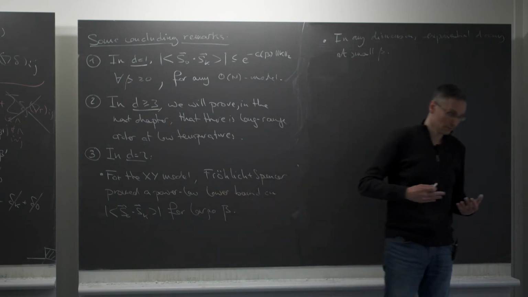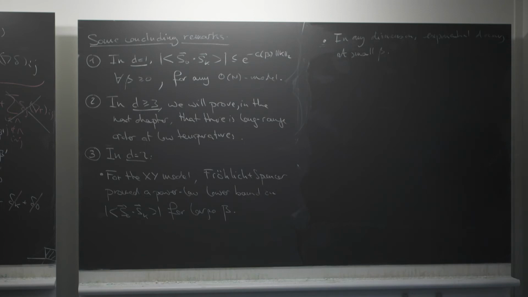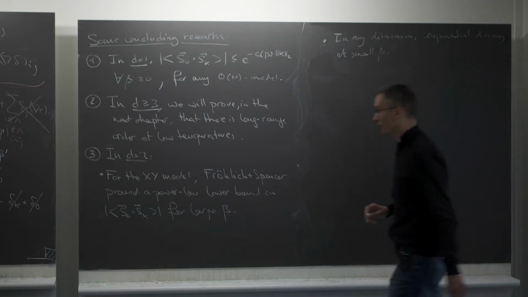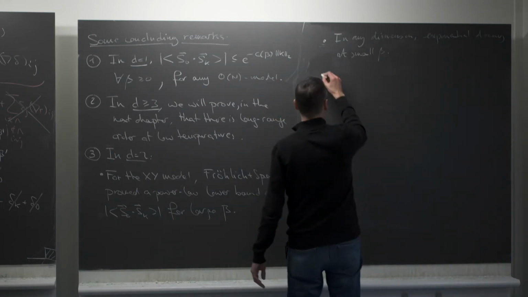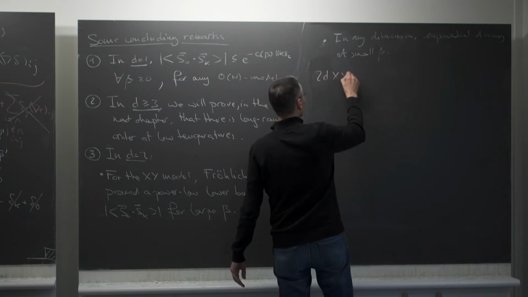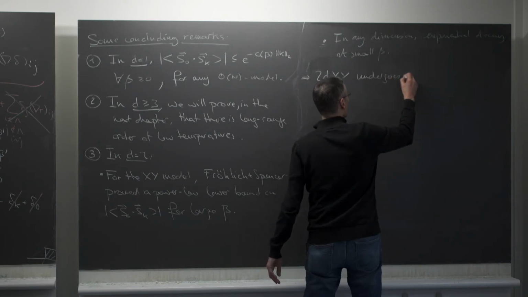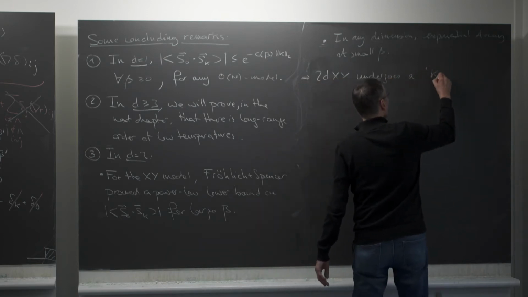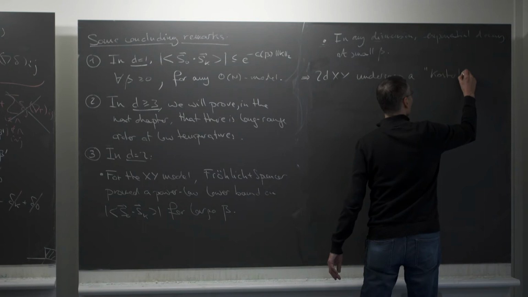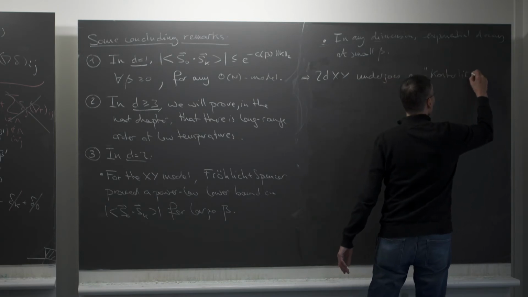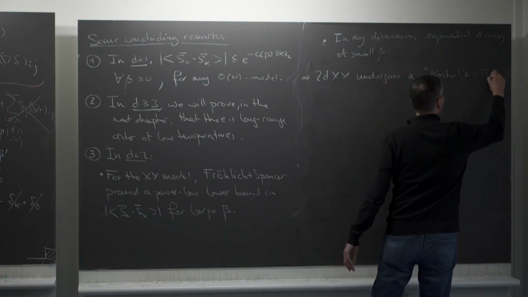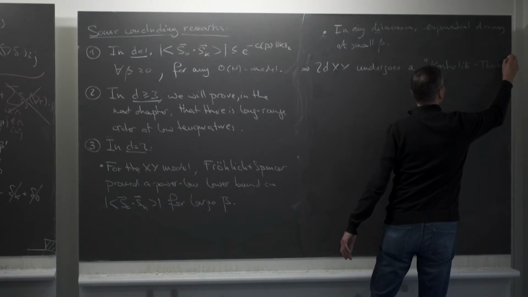So there is really a completely different behavior, and it's the so-called Kosterlitz-Thouless phase transition. So if you combine both, the 2D XY model undergoes a Kosterlitz-Thouless phase transition.